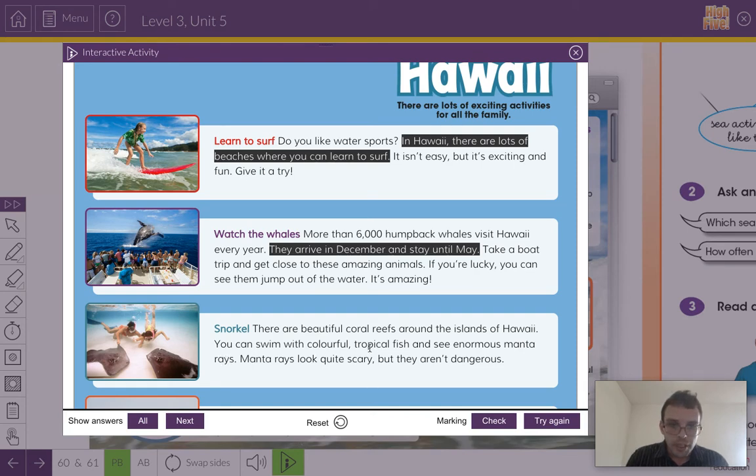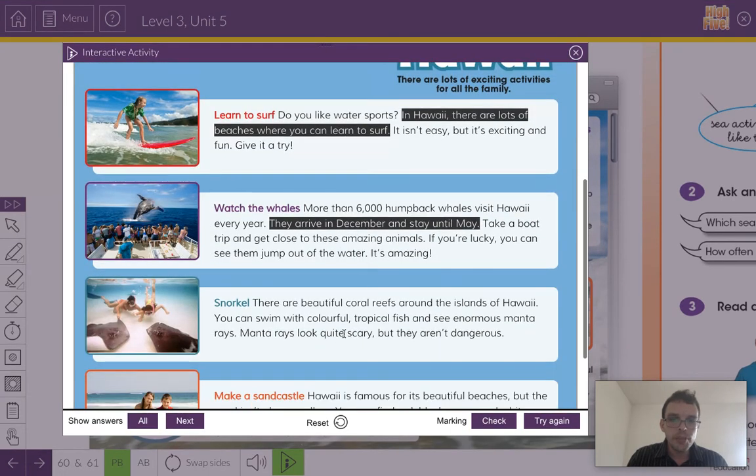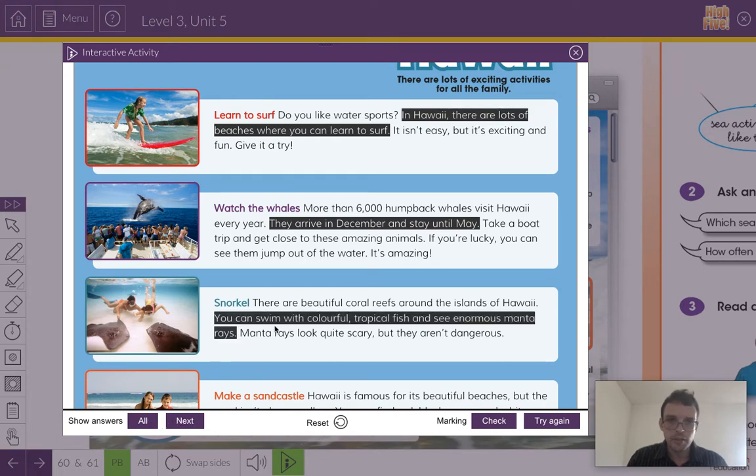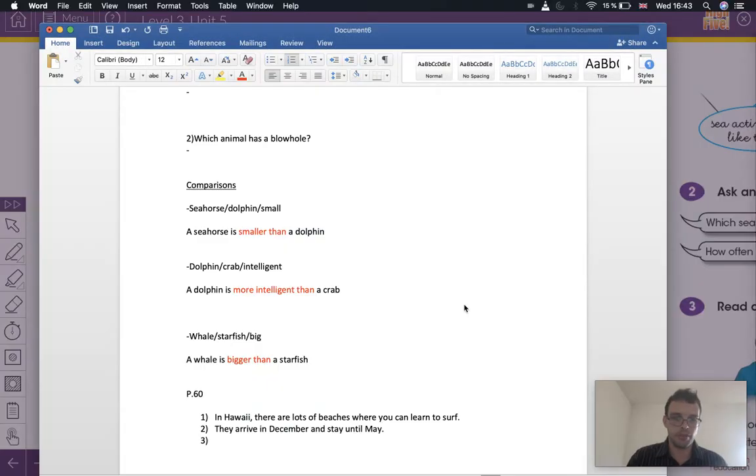That looks like what we can see. Okay, so what animals live in the reefs? Let's see, what does it say? Tropical fish and manta rays. Let's check. You can swim with colorful tropical fish and see enormous manta rays. Enormous means very big. Let's copy this into our notebook.